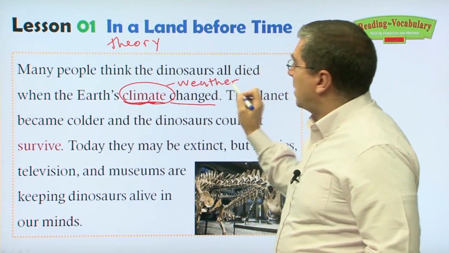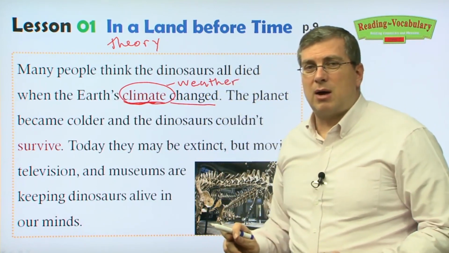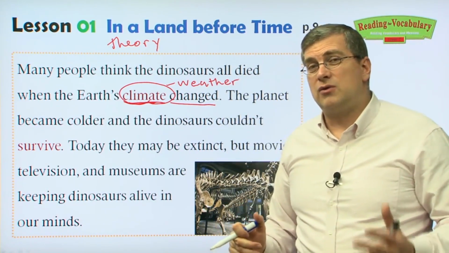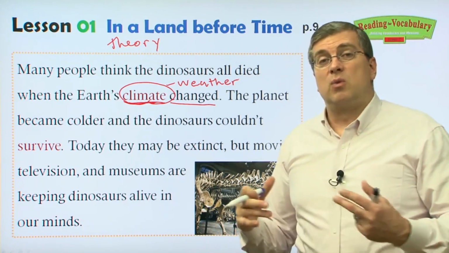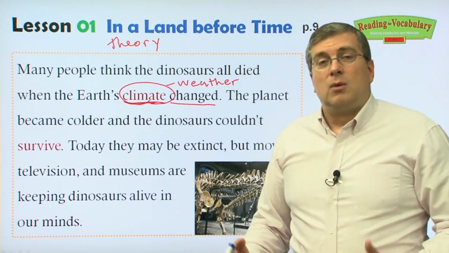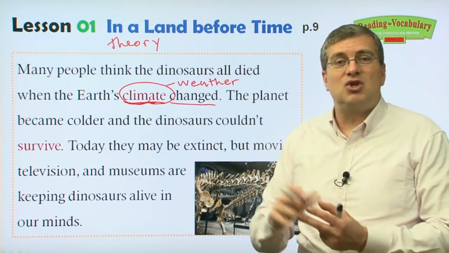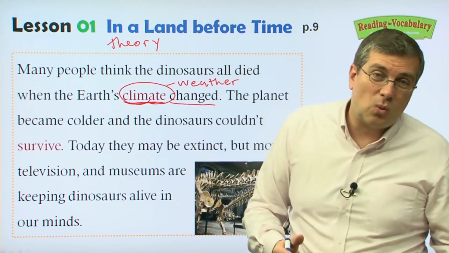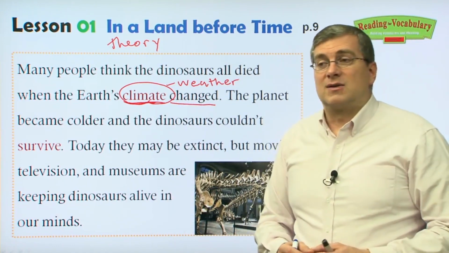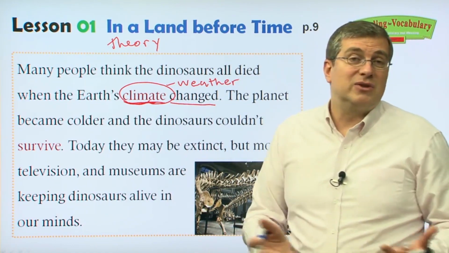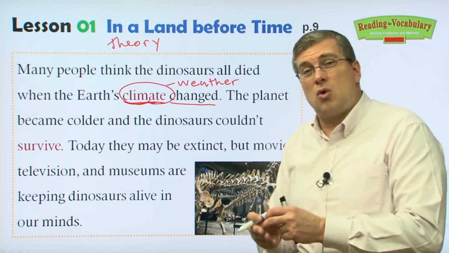At the beginning of this passage, they were talking about what the Earth was like 200 million years ago. It was warm. It rained a lot. Well, as we know, climates change on the Earth. The Earth's climate changes over time. Sometimes it gets warm and hot. Sometimes there's a lot of rain. Sometimes there's no rain. Sometimes it gets cold.